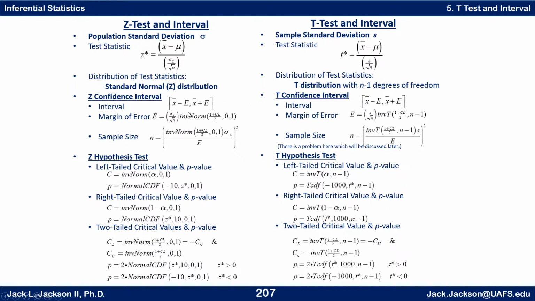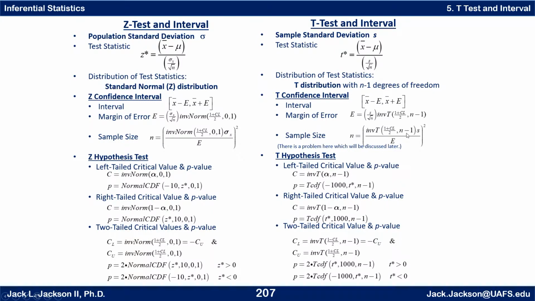Solving this formula for n, we get inverse norm of (1 plus confidence level) divided by 2, 0, 1, times sigma of x's divided by e, all squared. Here, same thing. We replace inverse norm by inverse t, and our sigma of x's is s. Everything works out. Well, not quite. On the left, it actually is solved for n.